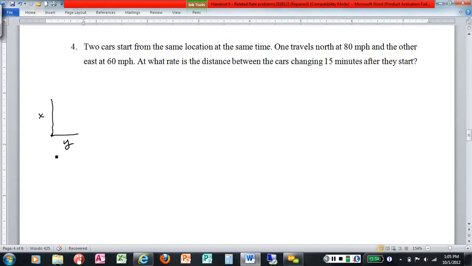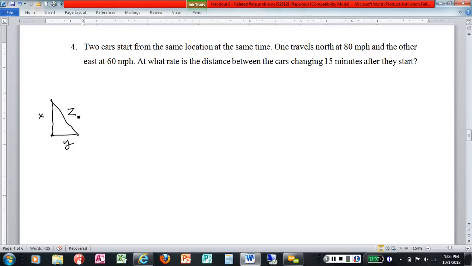All right? So what's the question? The question is, at what rate is the distance between them changing? And so the question is, what about this distance right here, which we will call Z? We want to know a little something about that distance. What do we want to know about it? Well, we can find the distance, but that's not what this is asking.